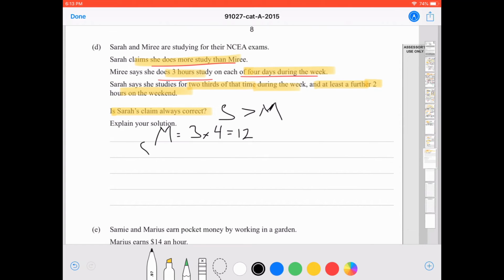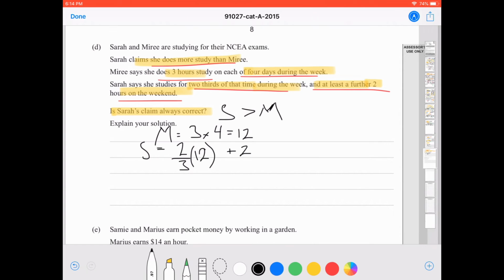Sarah is a little bit more complicated. She says she studies for 2/3 of that time during the week. So we can say she studies for 2/3 of 12. And at least a further 2 hours on the weekend. Let's say plus 2.